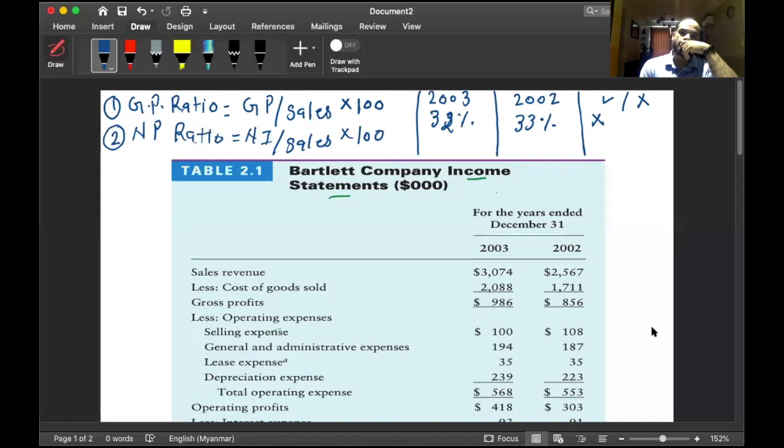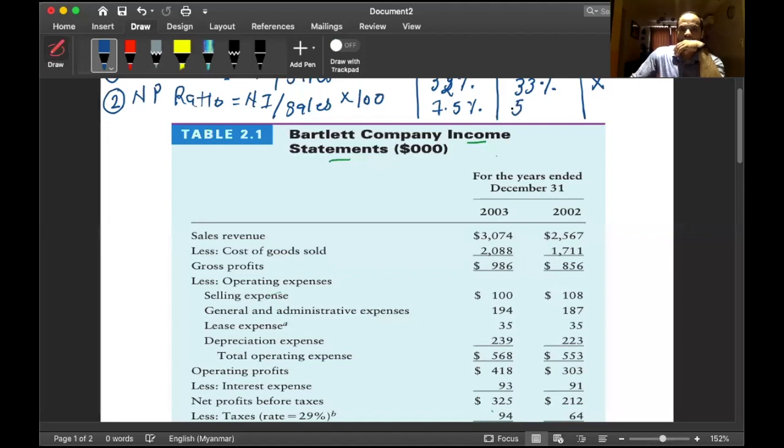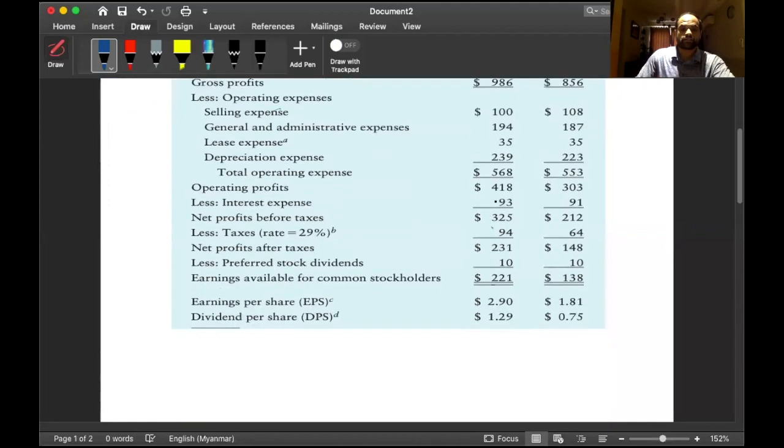Check again. 2002 is 5.8%. So good or bad? Quickly. It's good because this ratio increased.